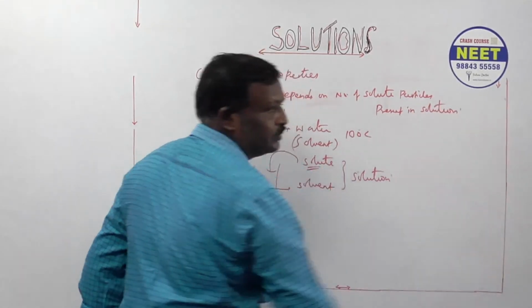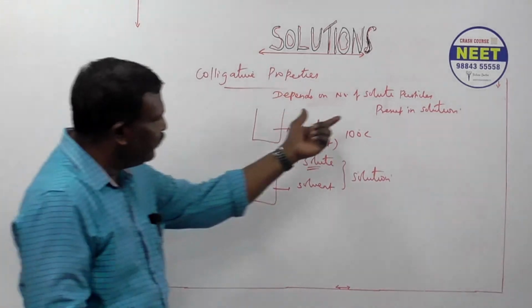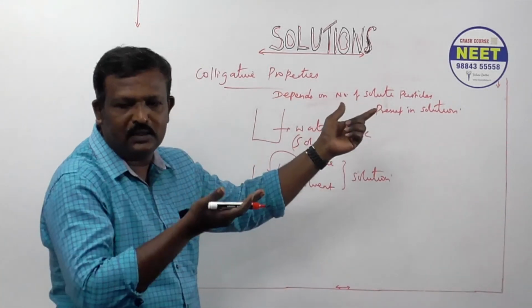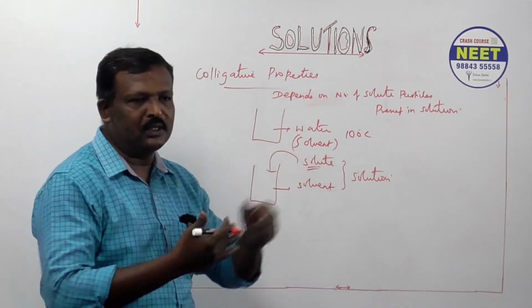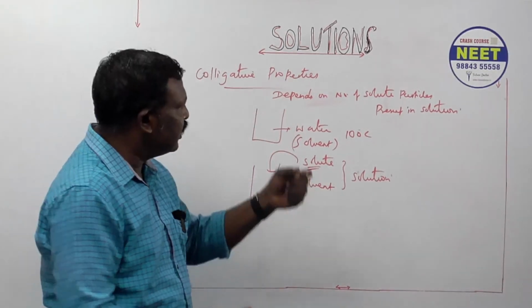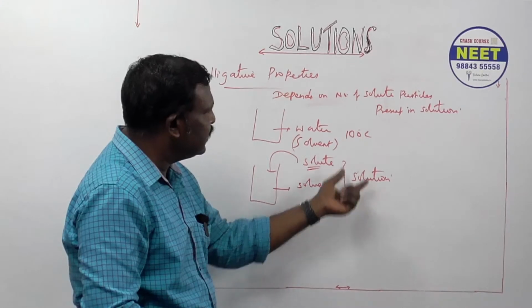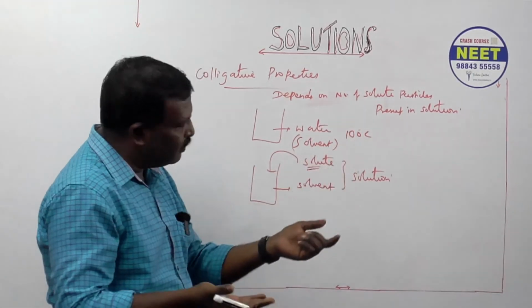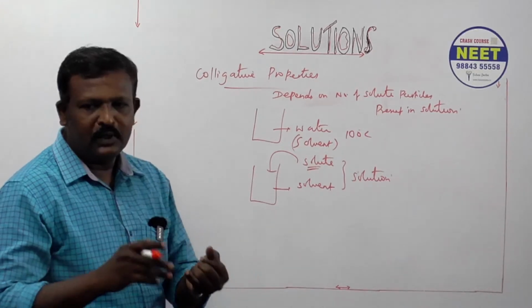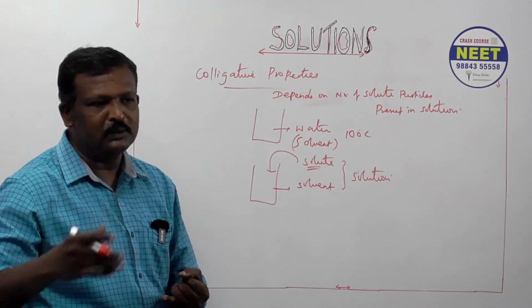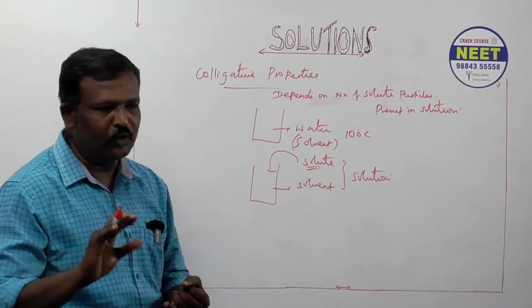Are you following? Understood? So if your number of solute particles increases, boiling point increases. If you take freezing point, it decreases. Some changes take place. So how much solute is present inside the solution, that much the property changes. Properties means we are going to study boiling point, freezing point, osmotic pressure, vapor pressure. Four properties we are going to study.